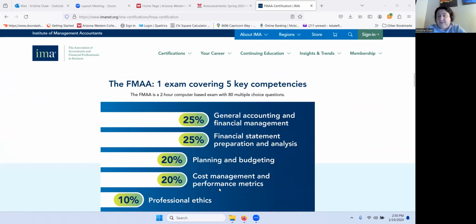This is the 5 competencies. All of this is found in financial and managerial accounting, okay? The only one that you may need to study is professional ethics, just because it is focused on the ethics that IMA talks about, and we don't touch enough ethics in our financial and managerial class, even though I try.